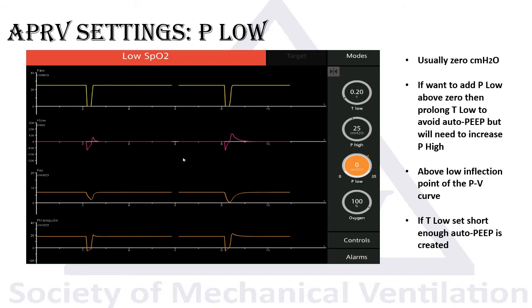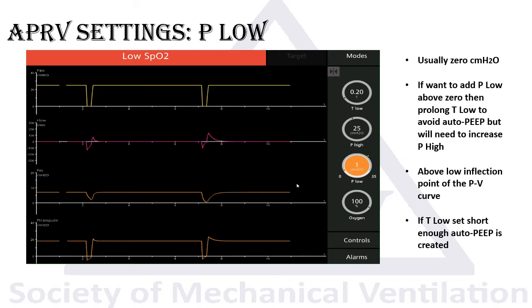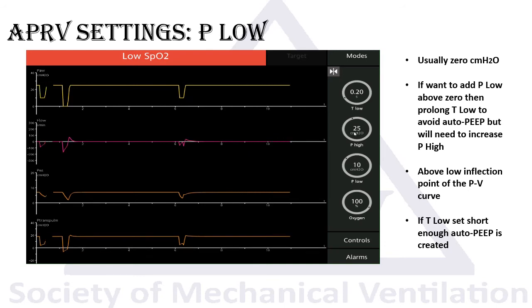For this example, I know you can see it, but the tidal volume is about 380. So if we put a P low of 10, now you're going to see the driving pressure will be the difference. 25 minus 10 will be 15, and the tidal volume already dropped down to 280.